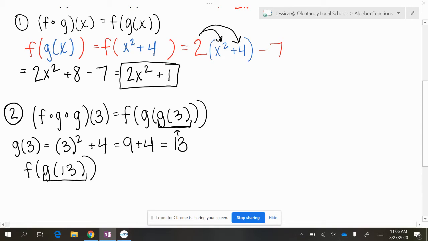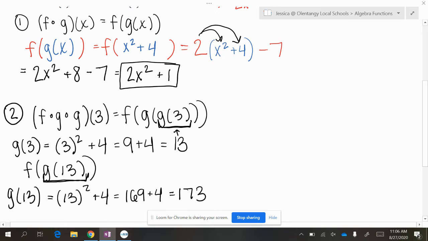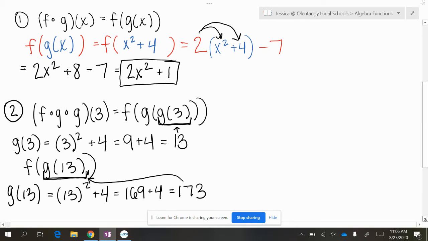So now I have f of 13. Then let's deal with f next. We're still using the same g formula, x squared plus 4. Actually, f of 13 uses my f function, 2x minus 7. So 2 times 13 minus 7. Wait, correcting as spoken: g of 13 is 13 squared plus 4, or 169 plus 4, which is 173. So now I'm taking this 173 and plugging it into f.